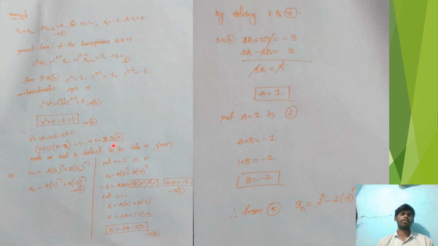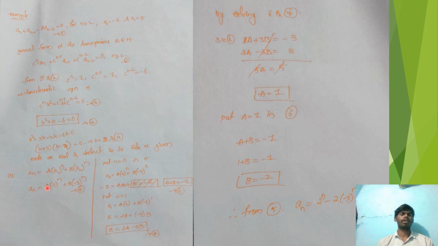For real and distinct values, we have the general solution a_n is equal to a times k1 to the power of n plus b times k2 to the power of n. So we substitute the k1 and k2 values, so that we get a_n is equal to a times 2 to the power of n plus b times minus 3 to the power of n. This will be taken as 5.